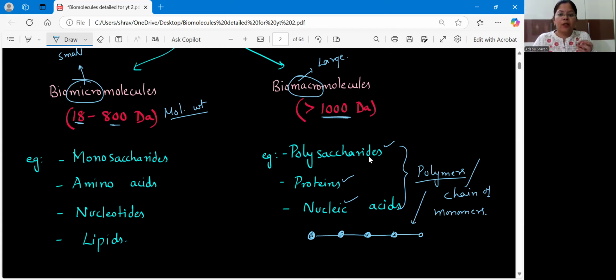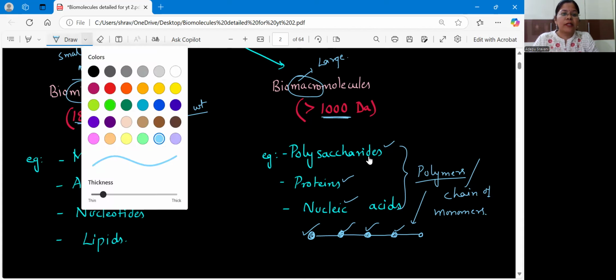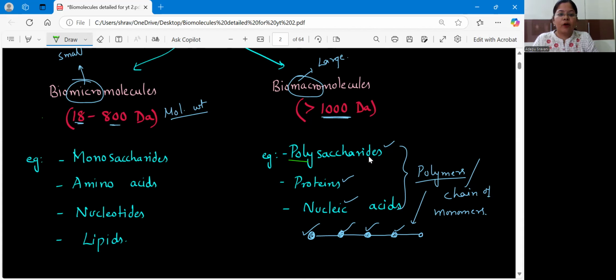On the other hand, whatever monomers we have, which are forming these polymers, those monomers will be considered as biomicromolecules. For example, if you consider polysaccharides, polysaccharides are made up of monosaccharides. So this will be your monomer. Proteins are formed by amino acids and nucleic acids are formed by nucleotides. Nucleic acids include your DNA and RNA. All right.